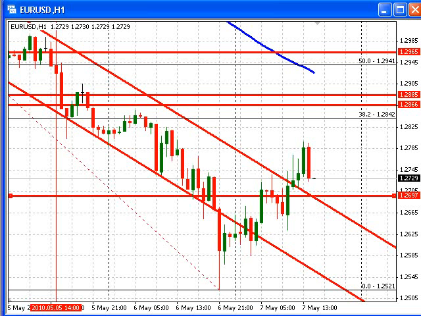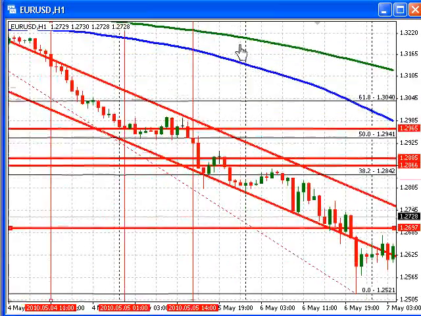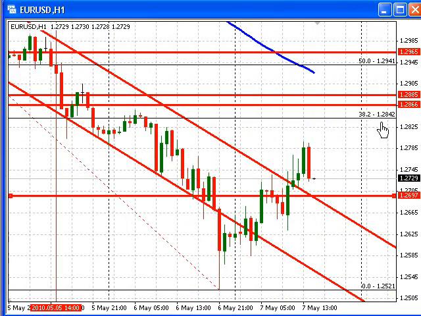If we move back into this channel after the economic number, we should see the market continue to trade in this channel with a bearish bias. But we need to get through this level at 126.97 on the downside. Look for support through the number on a move toward that level. On the top side, we have 128.42. That's a 38.2% retracement of the move down from the highs that we saw this week to the lows this week.